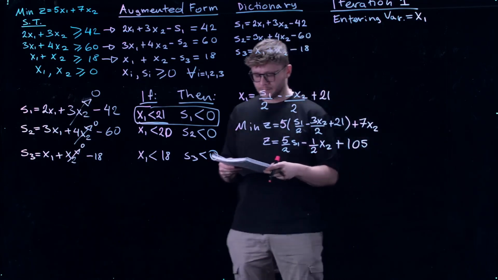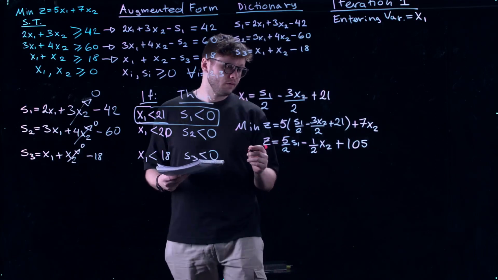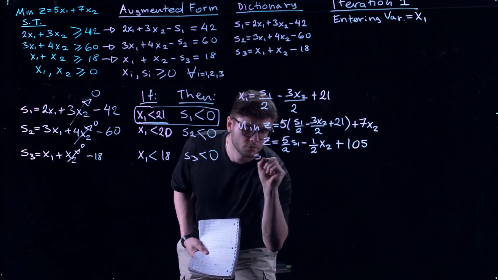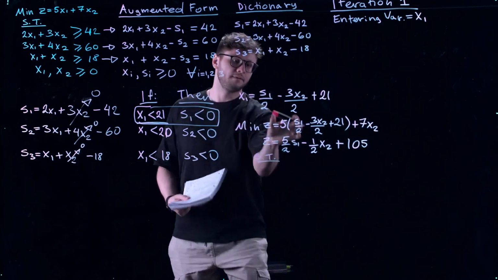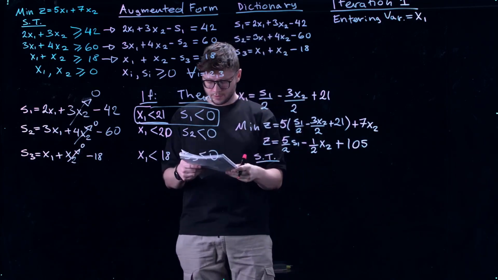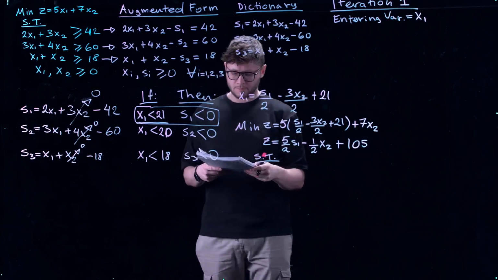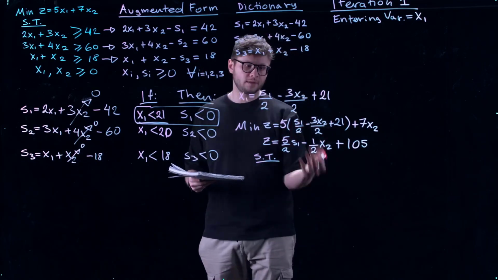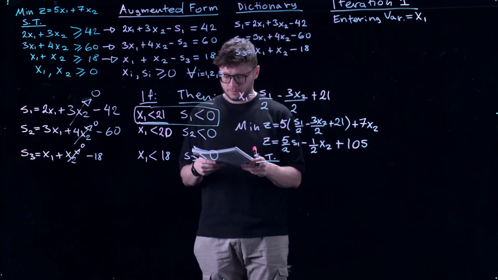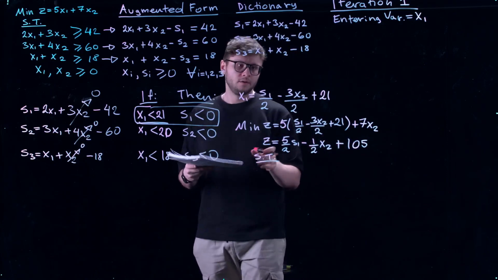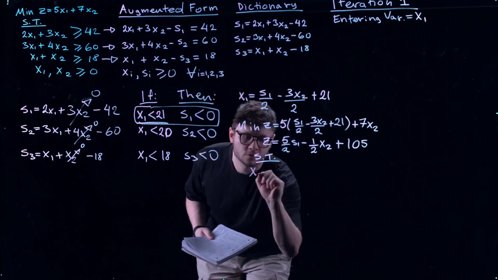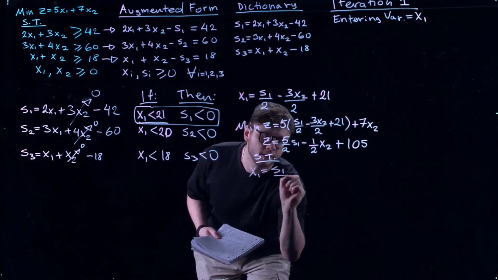So for the next iteration, we're going to have to set up our constraints. We will have to plug the value of x1 into the other two constraints. I will not do the expanded version. I will directly plug it in and give you the multiplied through version for those two constraints. And I guess I'll write the entire thing actually. So subject to x1 equals s1 over 2 minus 3x2 over 2 plus 21.